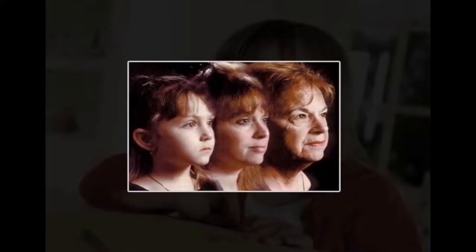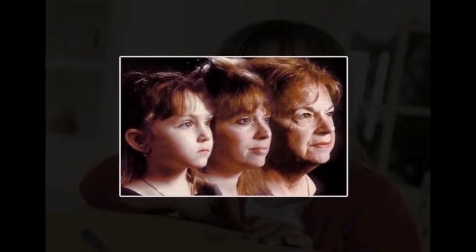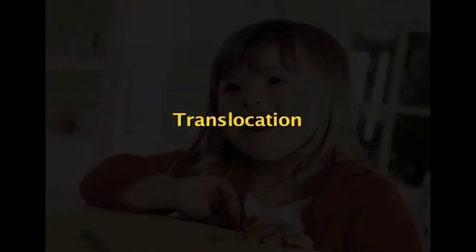Older women are at greater risk than younger women of having a baby with trisomy 21. As a woman ages, the chromosomes in her eggs are more likely to divide incorrectly. This may result in the child being born with Down's syndrome. Translocation.